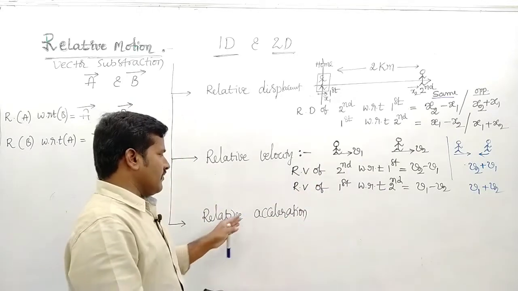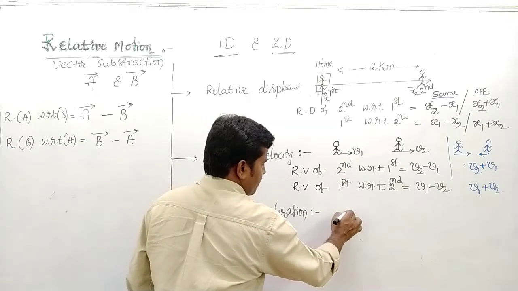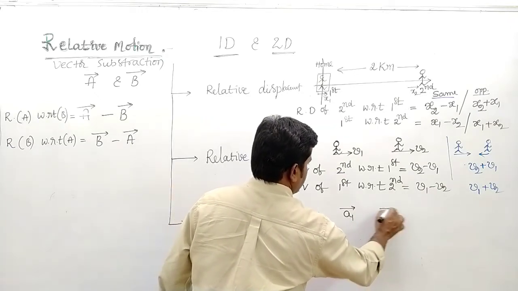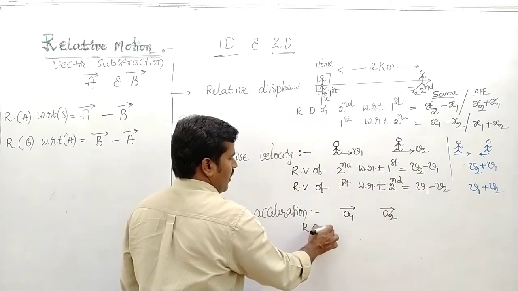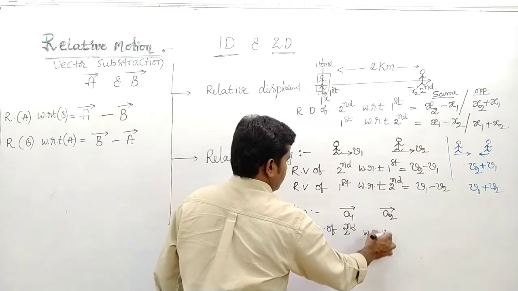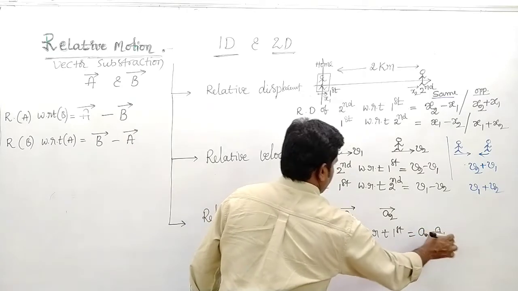It is the same for relative acceleration. One person has acceleration a1, another has acceleration a2. Then the relative acceleration of second with respect to first is a2 minus a1.